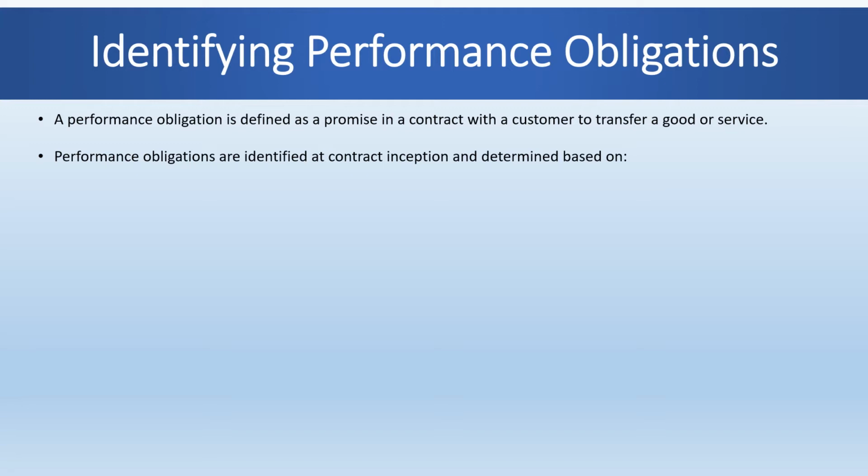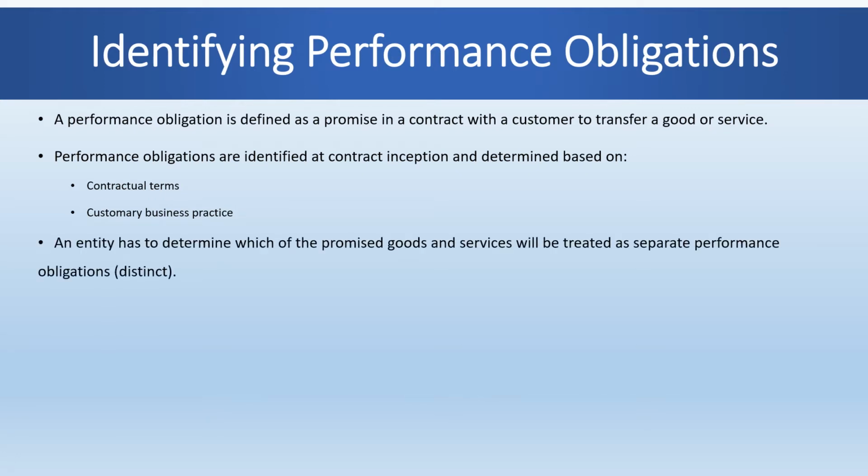Performance obligations are identified at contract inception and determined based on contractual terms and customary business practices. An entity has to determine which of the promised goods and services will be treated as a separate performance obligation. This is also known as distinct performance obligations.